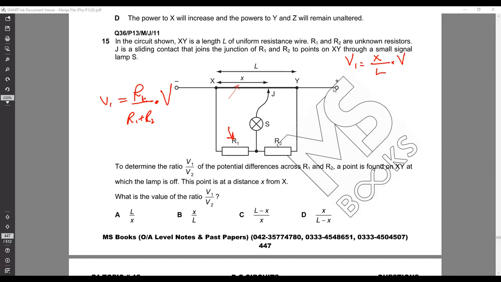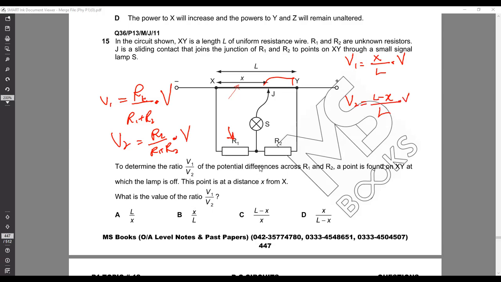And similarly, when you work out V2 in terms of the resistances, it is R2 over R1 plus R2 into V, and in terms of length, the remaining length is L minus X. So V2 is equal to L minus X over total length into V. Is that right?